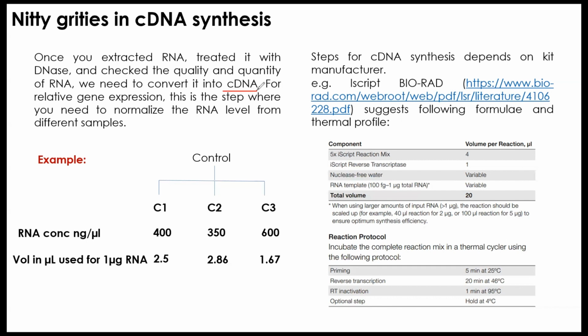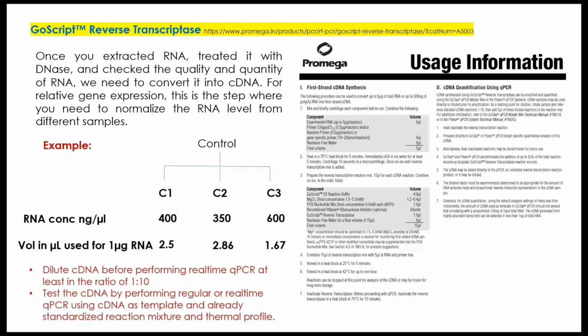For example, iScript Biorad, here I have given you the component and the volume per reaction, and in the next slide, what we are using in our lab is Promega. So I have also given you some idea about Promega, what we have, that is the GoScript reverse transcriptase.